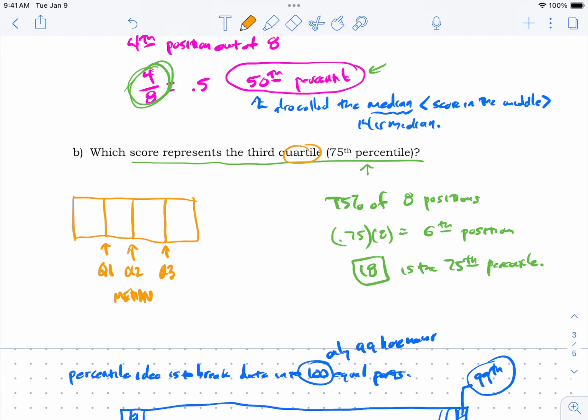Now, quartiles don't cause as much fuss as the percentiles because we basically said if you're in here, you're in the first quartile. If you're in here, you're in the second quartile. If you're in here, you're in the third quartile.